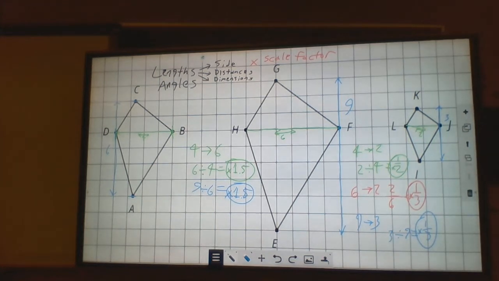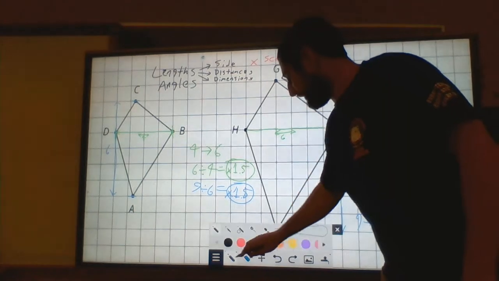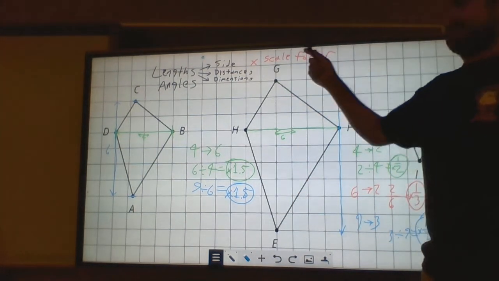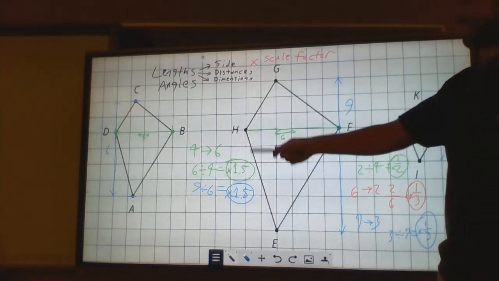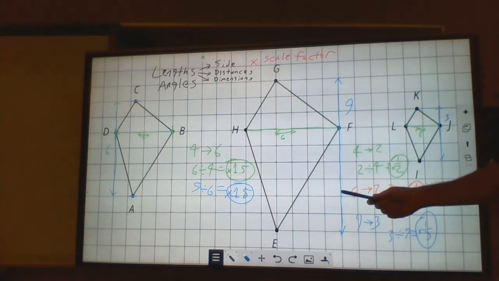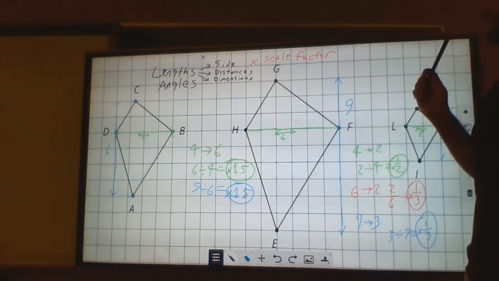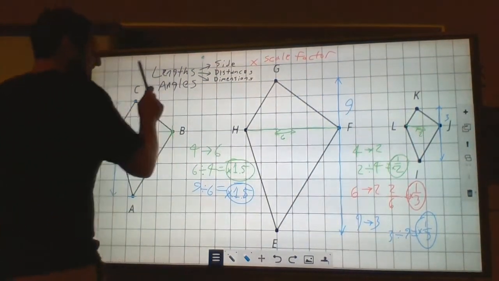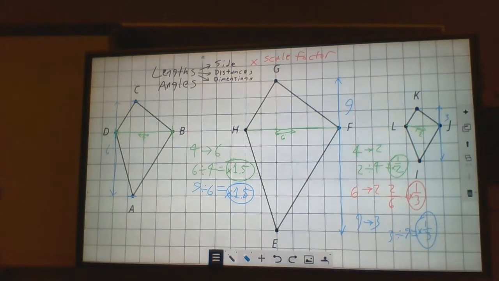At this point, we are basically at the point of knowing that these are scale copies. But there's still one more thing we should address. We never had to address the side lengths. It's okay. We got distance length, we got dimensional length. As long as we figure out the relationship between the angles, we should be in good shape.